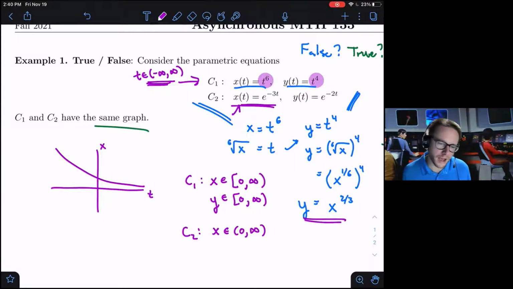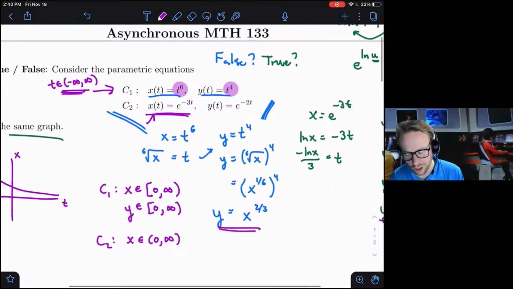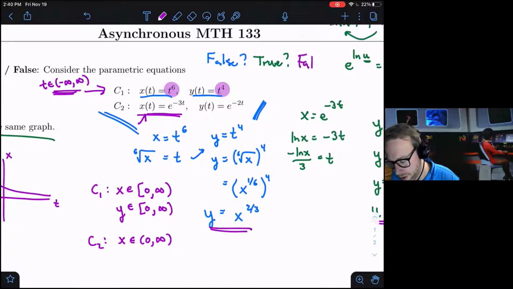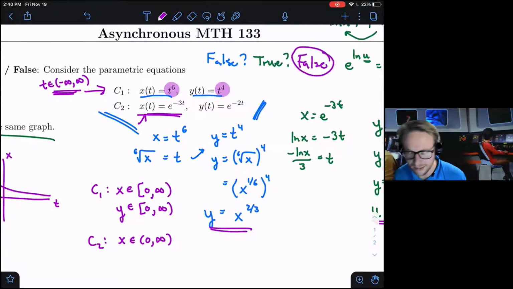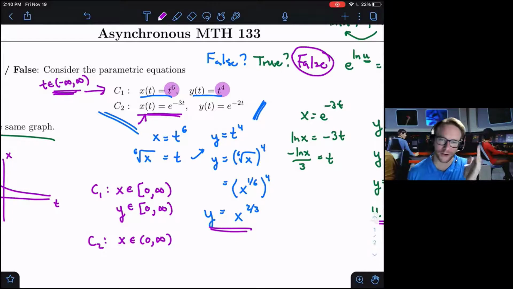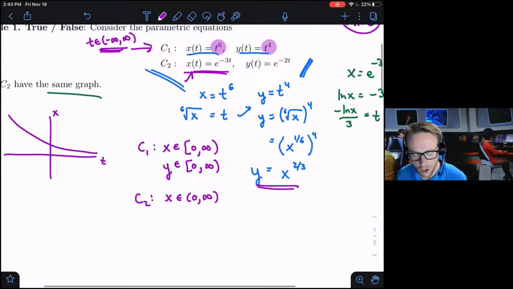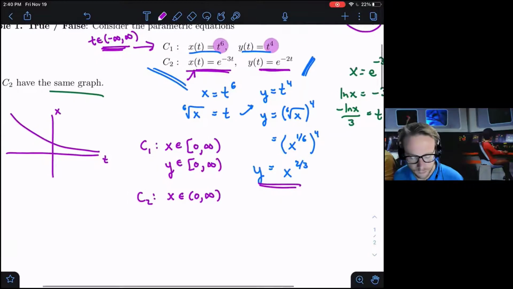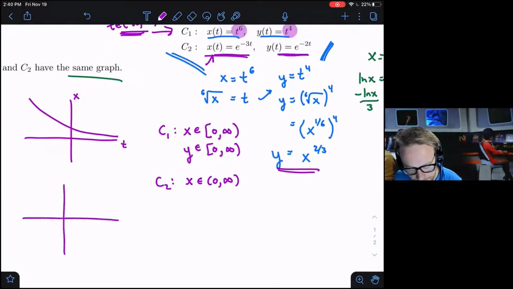And so at this point, I now know for sure that the answer is going to be false. But like I said, it's a little bit of a roller coaster ride. Your intuition at first was like, these look different. But then you found out they're actually the same Cartesian curve. But sadly, they don't get all of the same points. The y value will also have the same issue. If I think about the graph of this, so t and y, this one's not going to be stretched maybe as much.